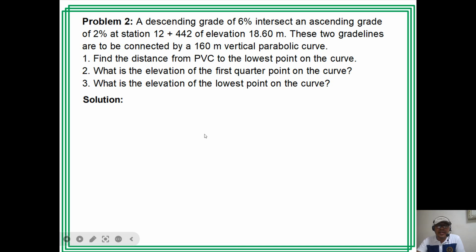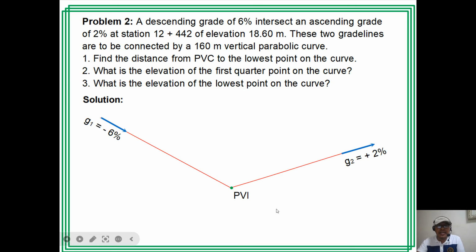Okay. So, I have a descending grade, 6%. So, negative 6%. Then, meet an ascending grade of positive 2%. And then, elevation and station of PVI. So, they meet or intersect at the PVI. So, this is the PVI here.